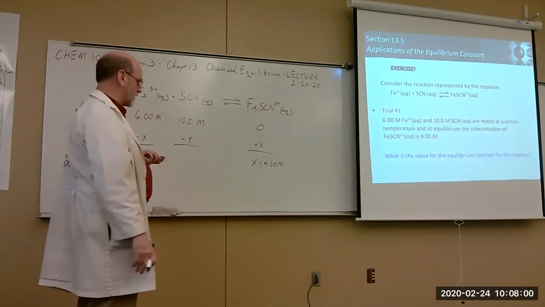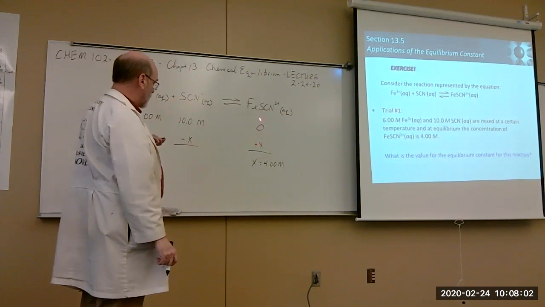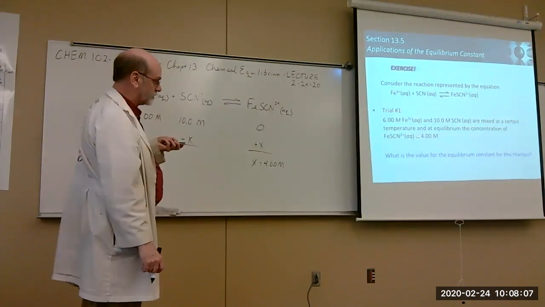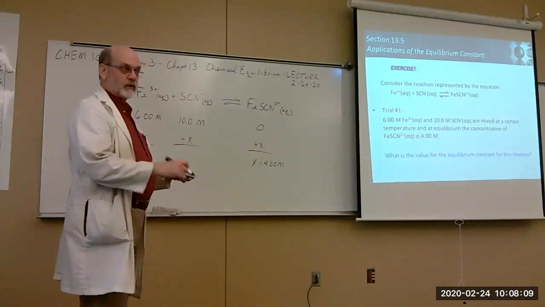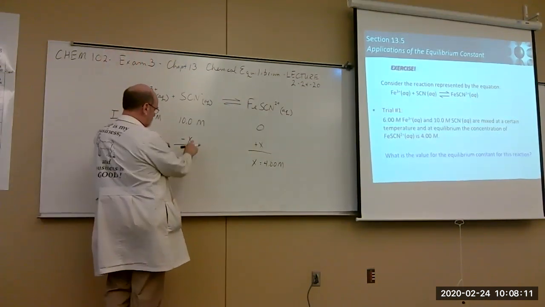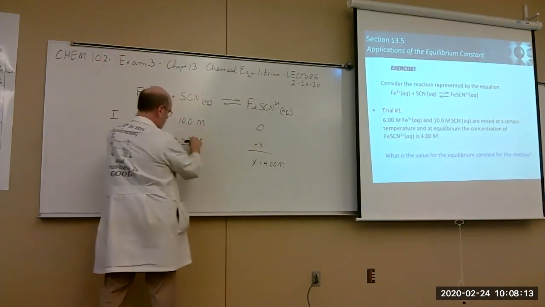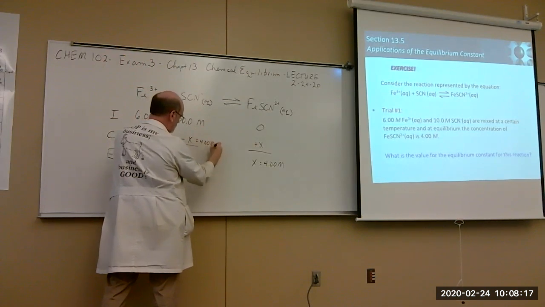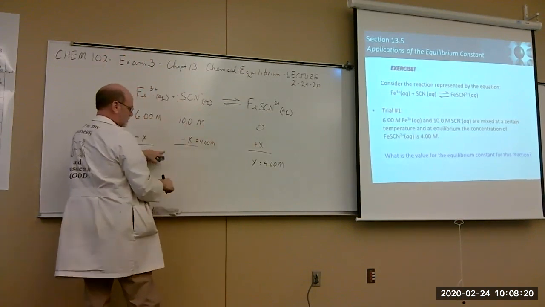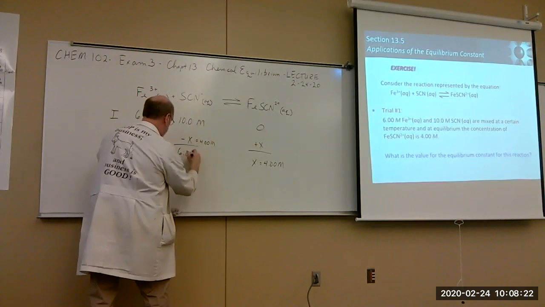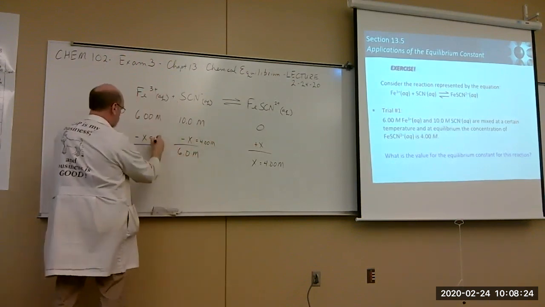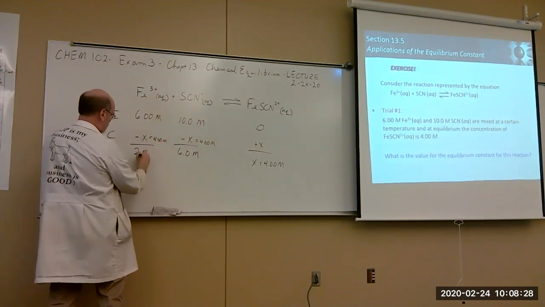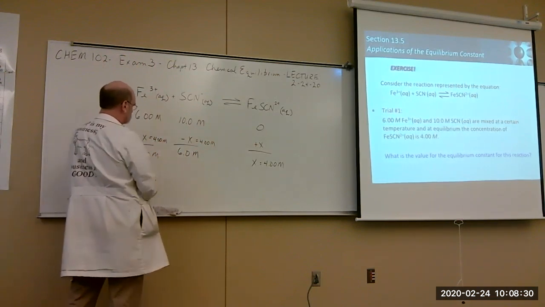I want you to see where it came from. So we add this X, but we're also told that the X is equal to 4 molar. Okay? So that means we lost 4 molar here. This is equal to 4. So what's this one equal to? 6. Right. And that means this one would be equal to 2, right?